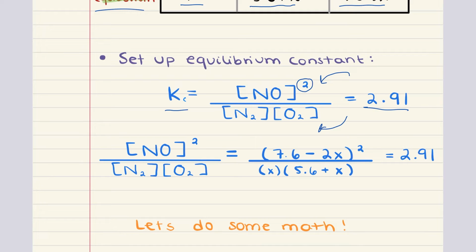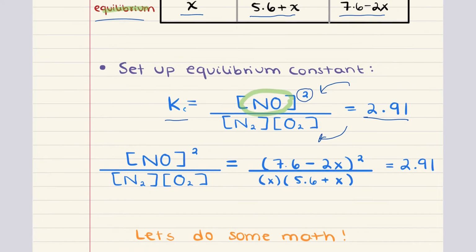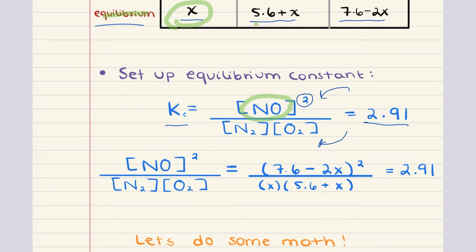So what we can do now is replace these concentration terms with what we determined from our equilibrium row in our ICE table. So nitrogen monoxide, the concentration is replaced with 7.6 minus 2X. Our concentration for nitrogen gas is replaced with X, and our concentration for oxygen gas is 5.6 plus X.